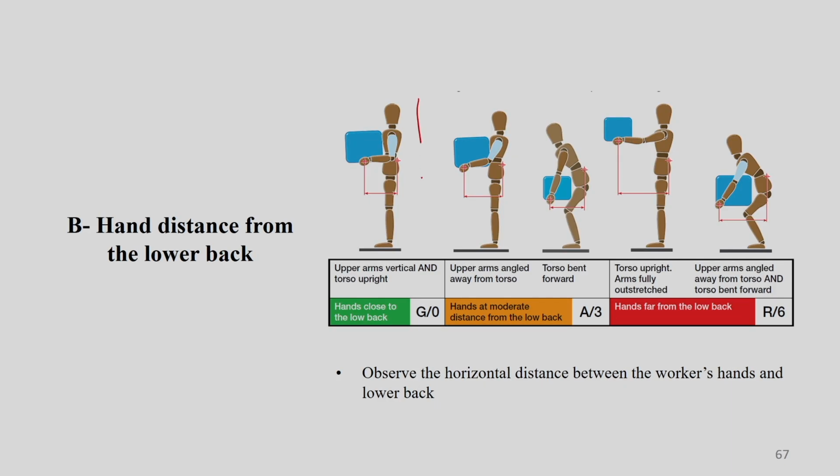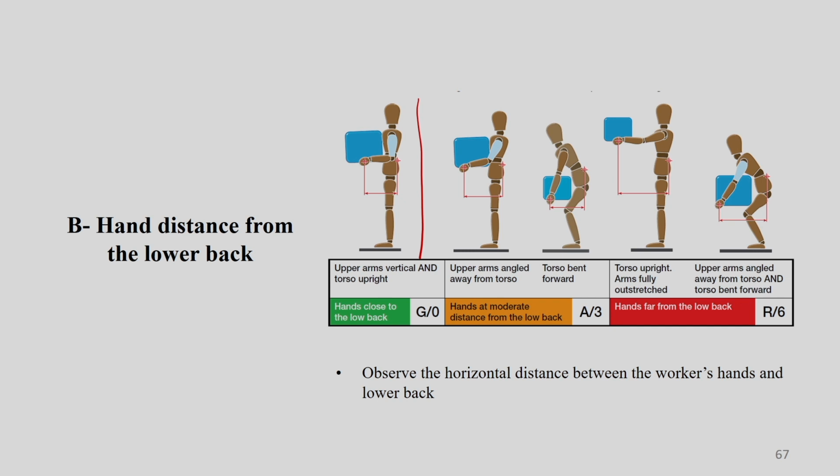So you are looking for the best possible option. Your hands are very close to your lower back. So you can refer to this picture. If you get a similar picture from your case, then you can assign it as Z, and G means it's a 0, green.